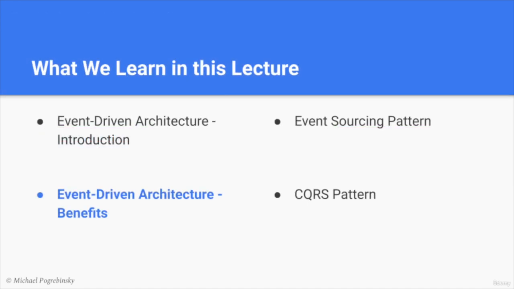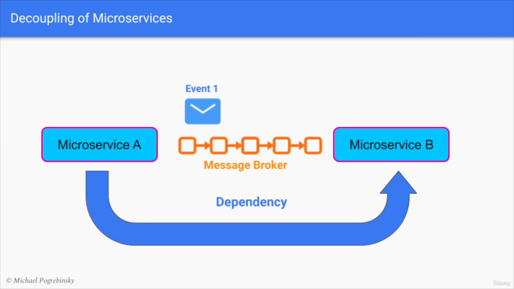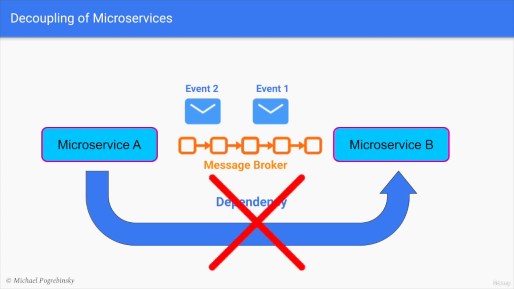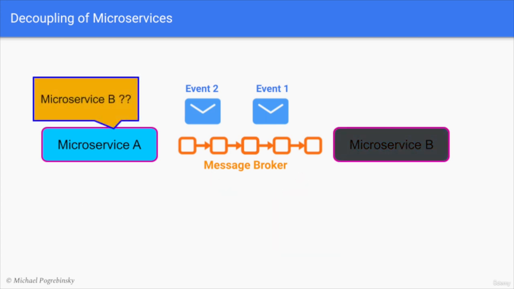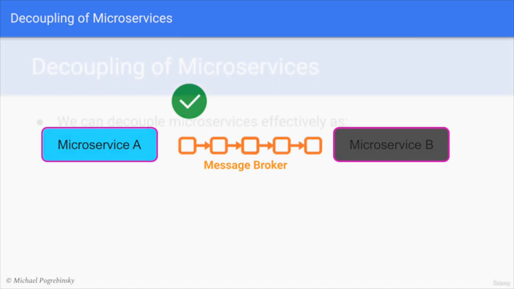When we use the event-driven architecture style with microservices, we can get a lot of very useful properties and benefits. For example, now if microservice A communicates with microservice B by producing events, the dependency of microservice A on microservice B is removed. In fact, microservice A doesn't need to know anything about the existence of microservice B. And once microservice A produces the event, it doesn't need to wait for any response from any consumer.